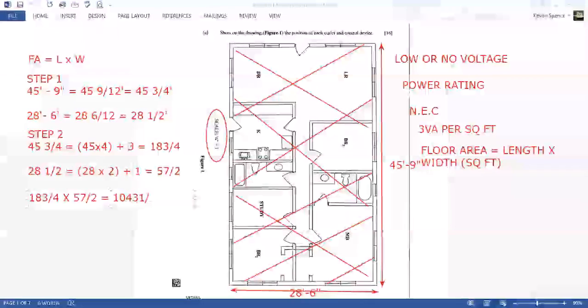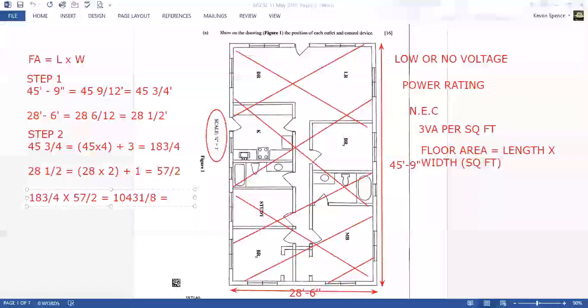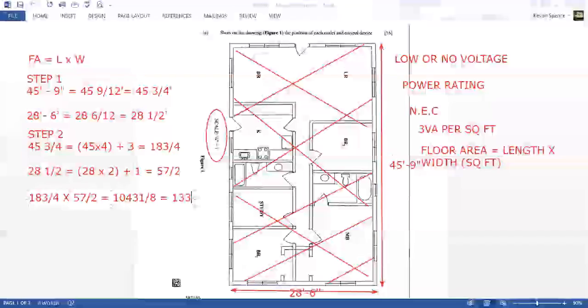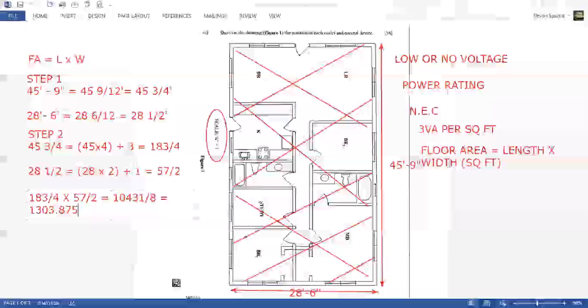And we're dividing that by 2 times 4, which is 8, right? And so our answer here is 1,303.875.